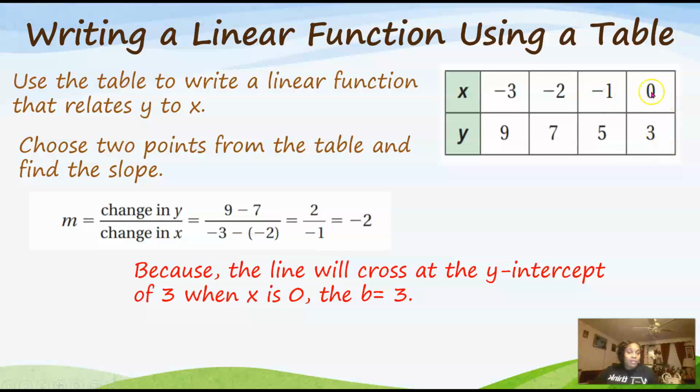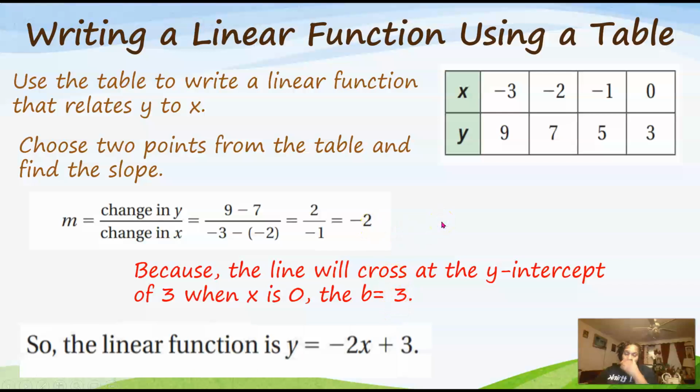That is your y-intercept. So the b is 3. So I have my b and I have my slope. I can write my linear function, also known as y equals mx plus b. And there you have it, okay?